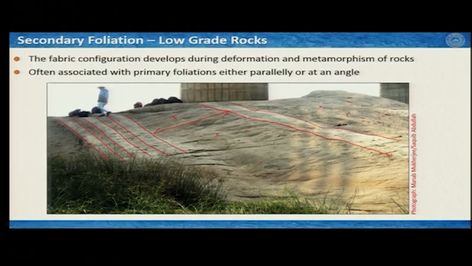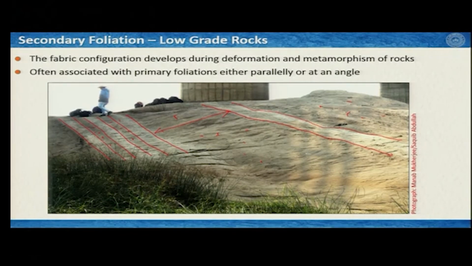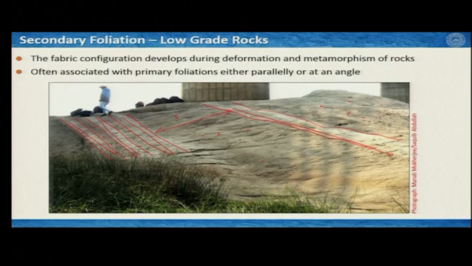However, in this volume of rock or in this outcrop, we can see that there is another plane which is being defined in a different way, or a series of planes that appeared here in a different way relative to the primary layering, which is oriented in this manner. And this other orientation, as you can imagine, is like this. Let me have a different color.